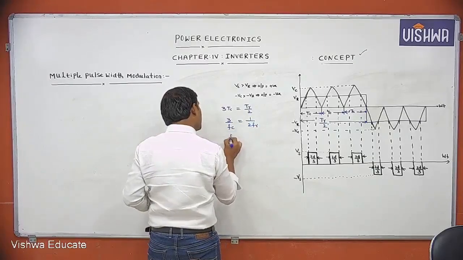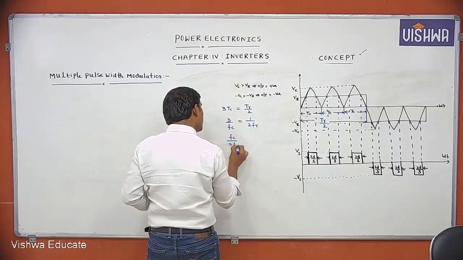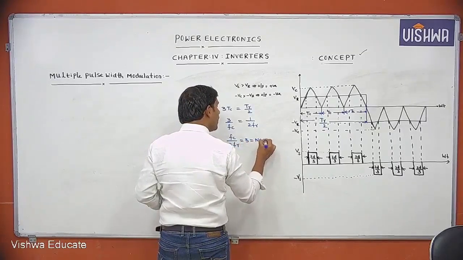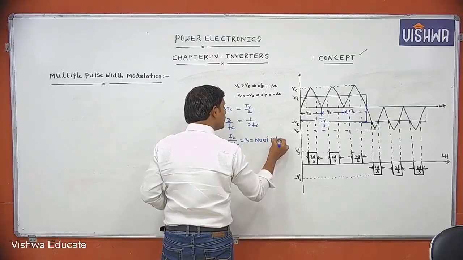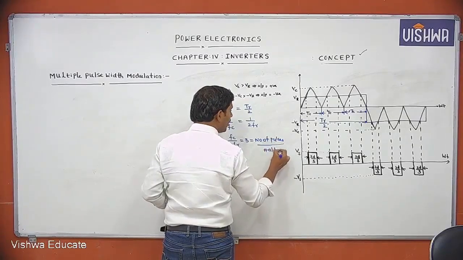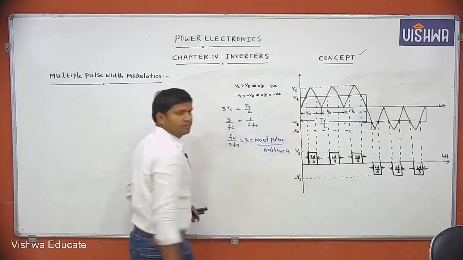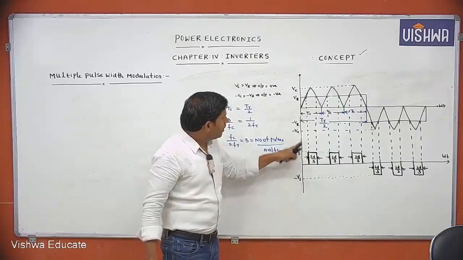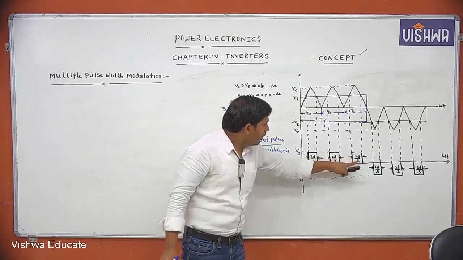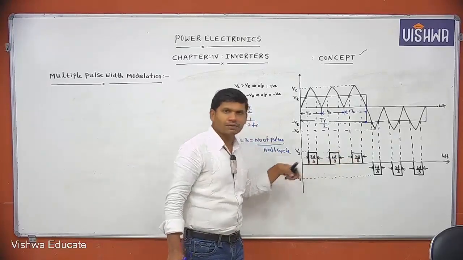Then Fc by 2Fr equal to 3. This is the number of pulses per half cycle. According to the formula I am getting 3.